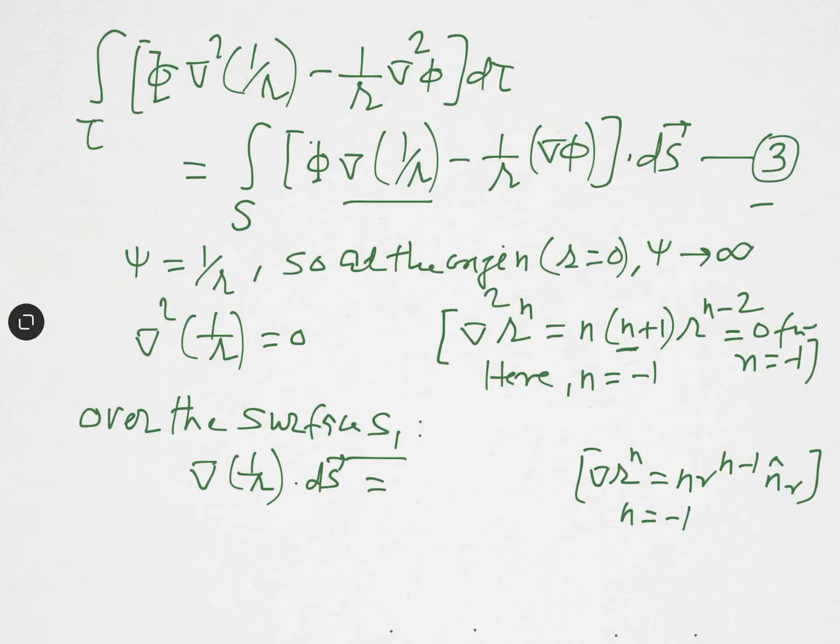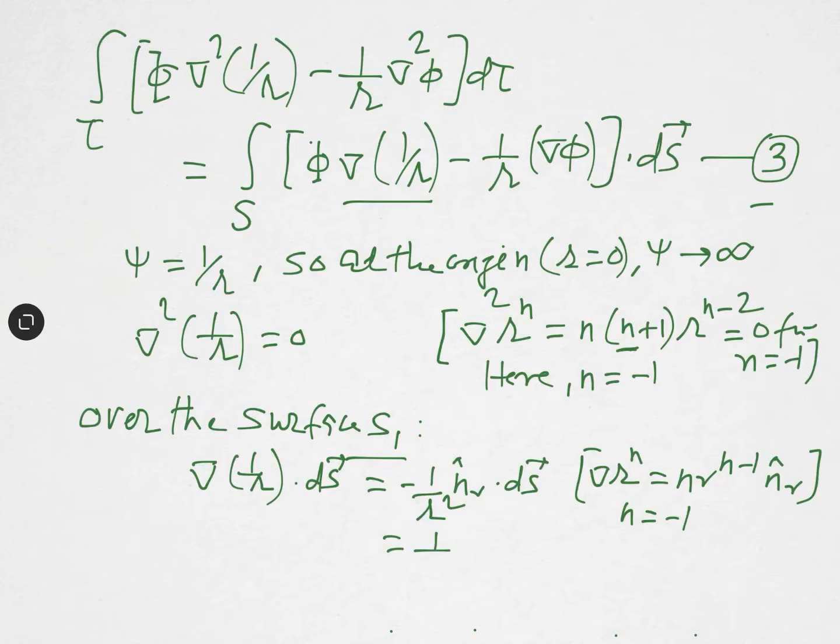So we can write that this is minus 1 over r square n r hat dot ds.